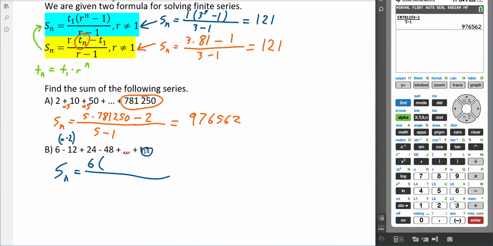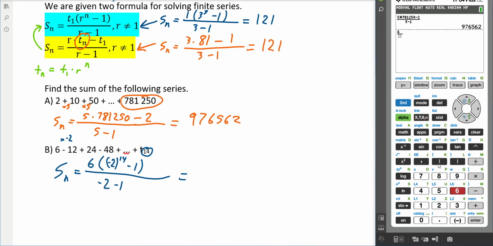So we're multiplying by a -2, so that would be our R value, -2, and the n is 14, minus 1. -2 minus 1 on the bottom, so we have -3 down here. And we have a big number, so let's actually just plug it in our calculator.